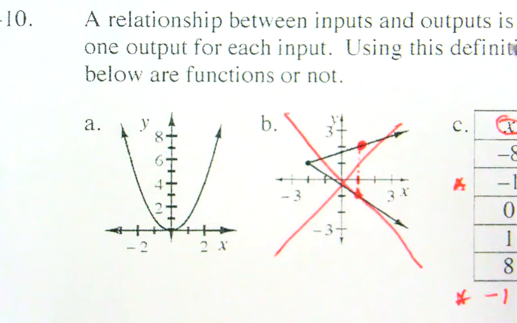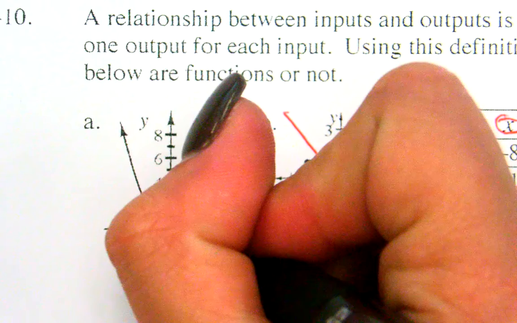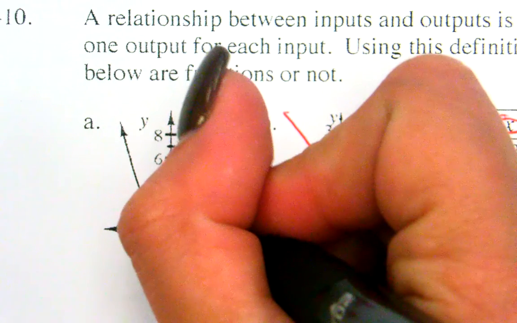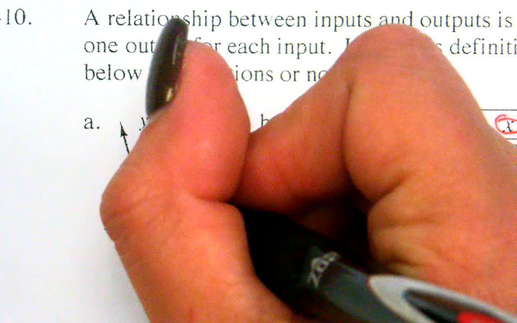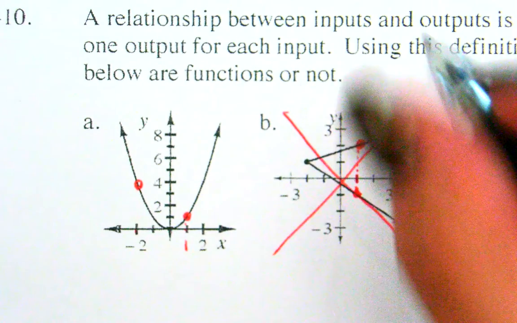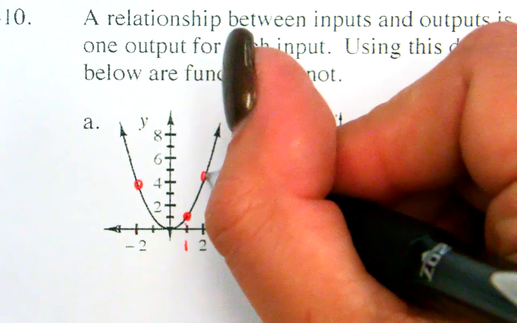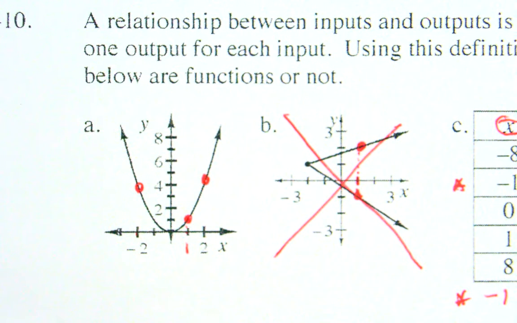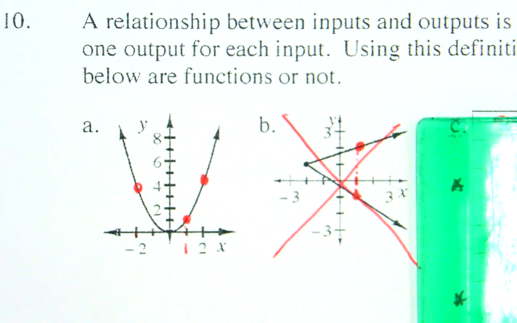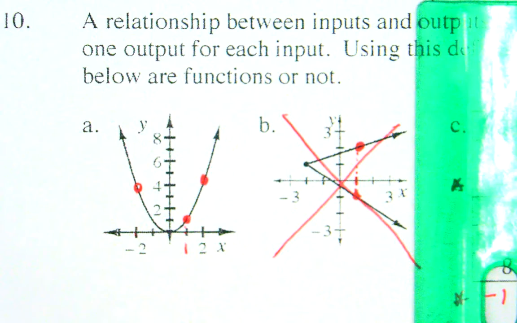The same thing for A. A is also a function only because if I go here at 1, I'm only hitting the graph one time. If I go here at -2, I'm only hitting the graph one time. If I go here at +2, we're only hitting the graph one time. For part B, you think of a line going up and down.